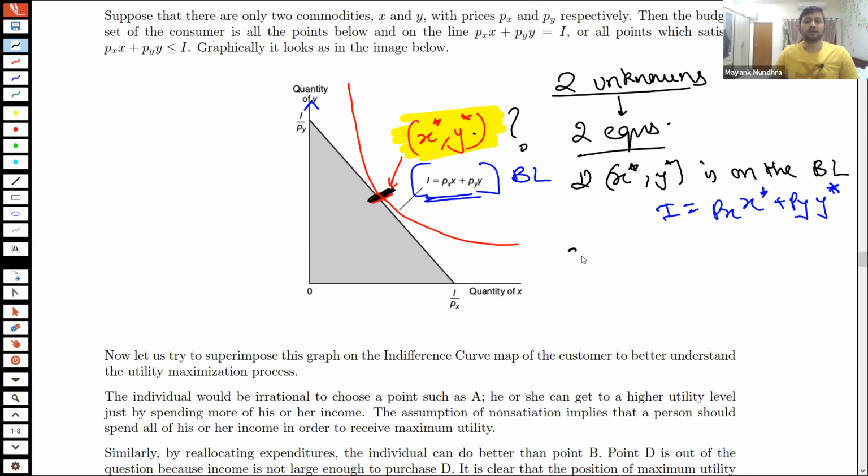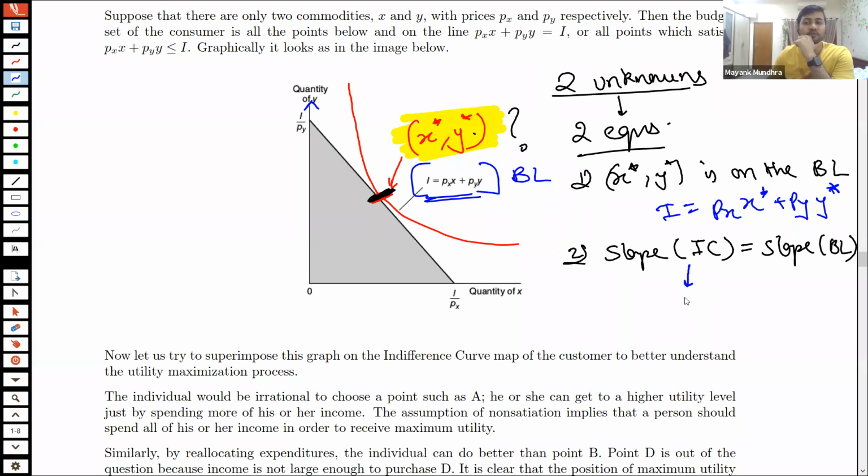Now the next thing is that at this X star Y star, there is a tangency happening here. So the point from tangency is that the slope of the IC at X star Y star should be equal to the slope of the budget line.